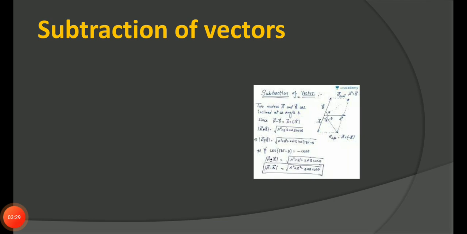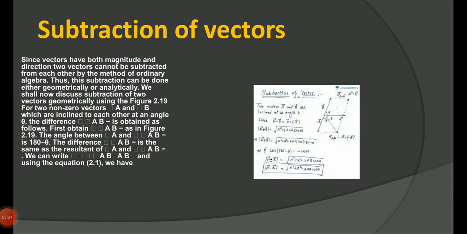Subtraction of vectors. Since vectors have both magnitude and direction, two vectors cannot be subtracted from each other by the methods of ordinary algebra. Thus, the subtraction can be done either geometrically or analytically. We shall now discuss subtraction of two vectors geometrically using figure 2.19.